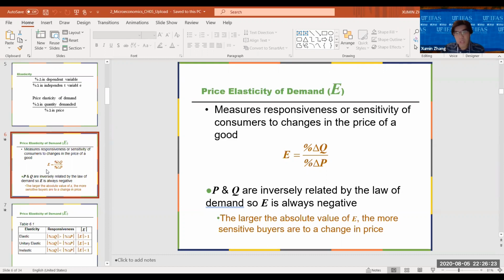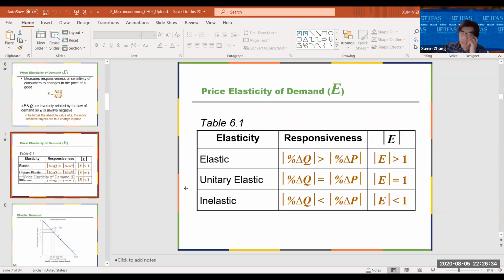If it is very responsive, then it's elastic. If it is much less responsive, then it is inelastic. We already covered that regarding elastic, inelastic, or unitary elastic. I copied this from a different source, but they are talking about exactly the same thing.